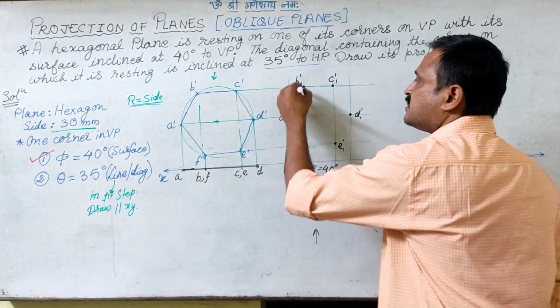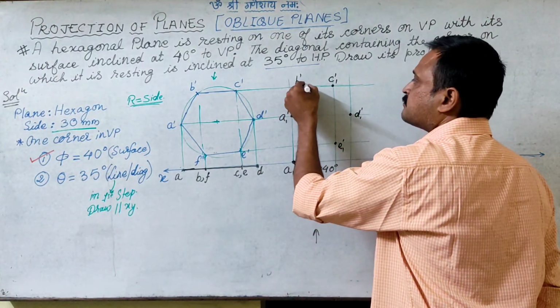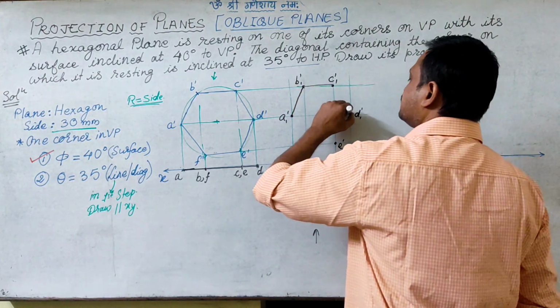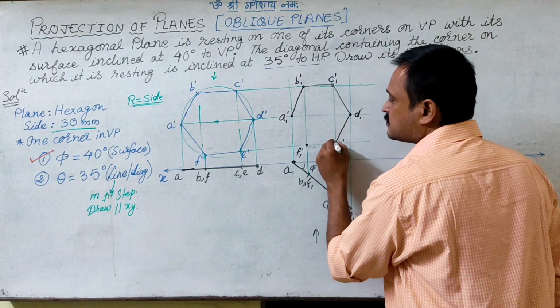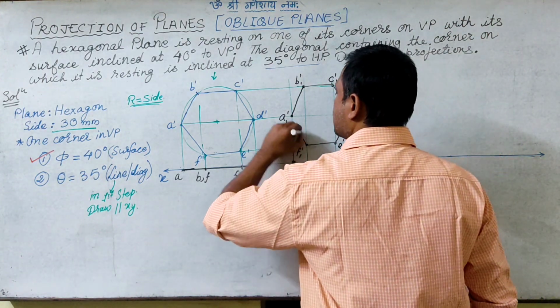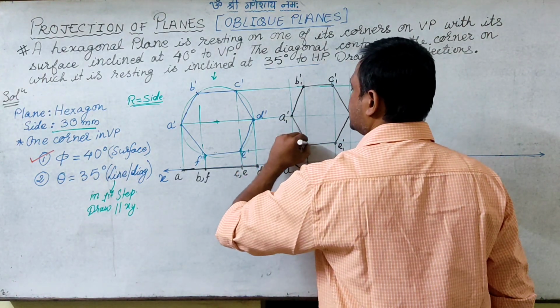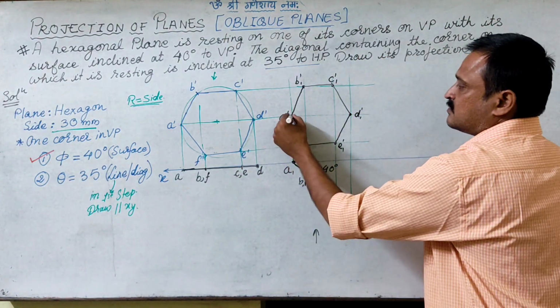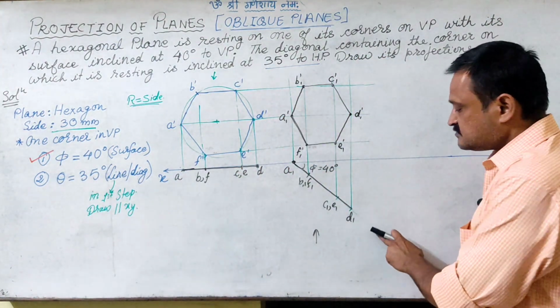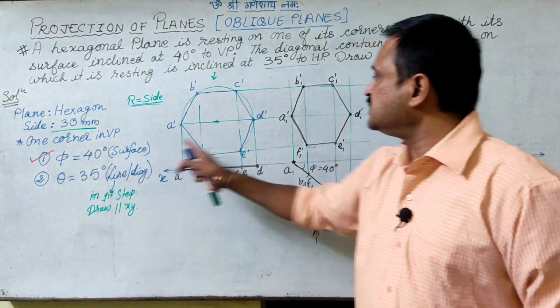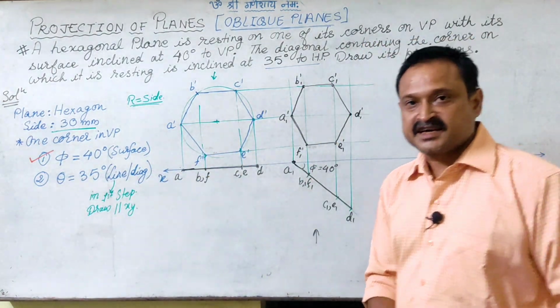Now we join A with B, B with C, C with D, D with E, E with F and F with A. So we get this as the projection for the first condition. With the first condition we get this projected shape.